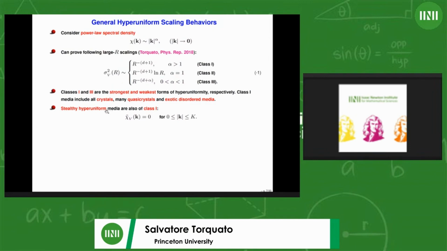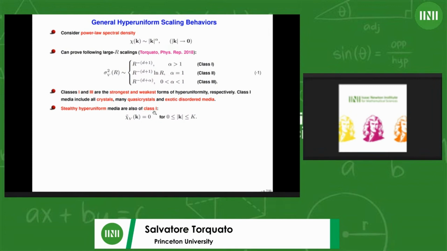Now, it turns out class 1 includes all crystals, many quasicrystals, and exotic disordered media. Now, there is a special class that I want to focus on because that's what I'm going to be describing in a little while, and that is the stealthy hyperuniform class.